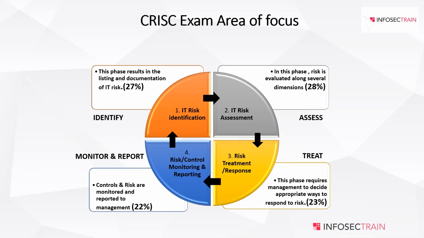It represents around 22% of overall weightage, monitor and report. And whatever feedback we get will definitely start the next phase. Again: identify, assess, treat or respond, and monitor and report. So this is actually the life cycle of risk, I would call it, and all this life cycle is considered by ISACA as the CRISC exam area focus.